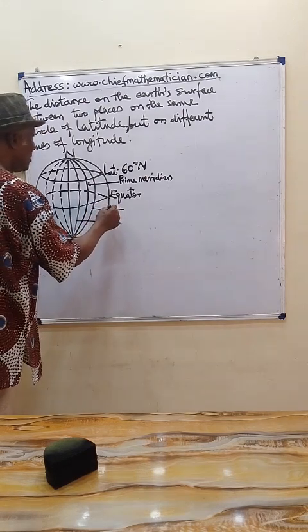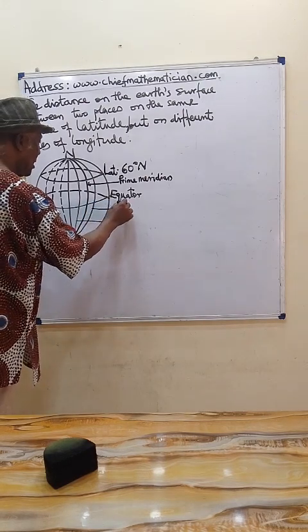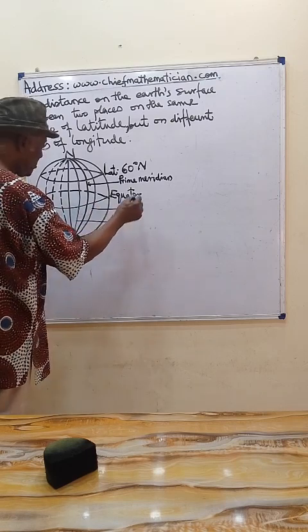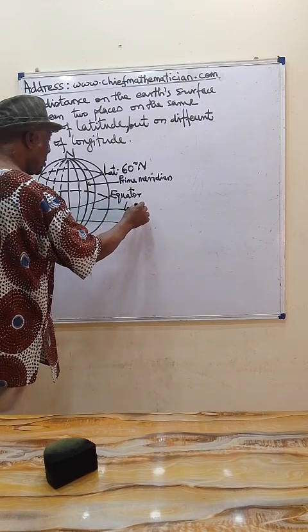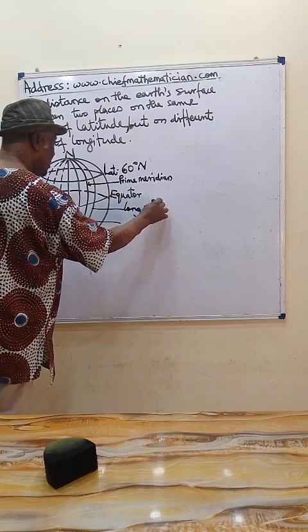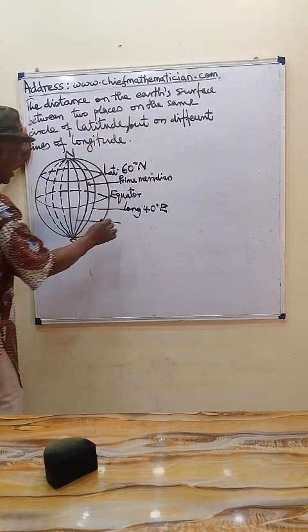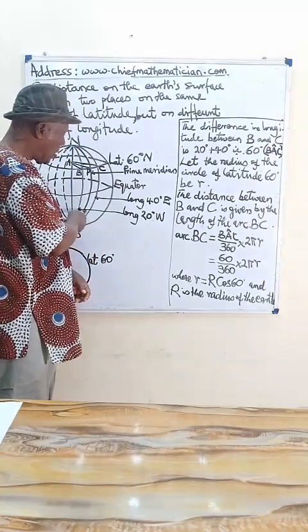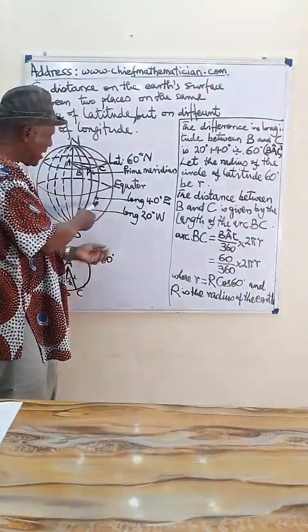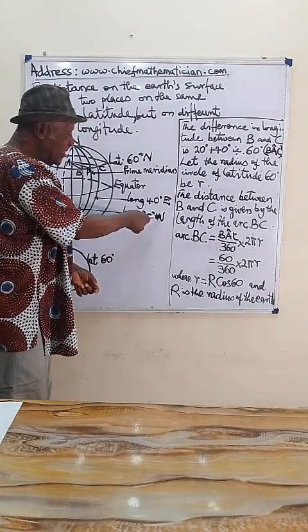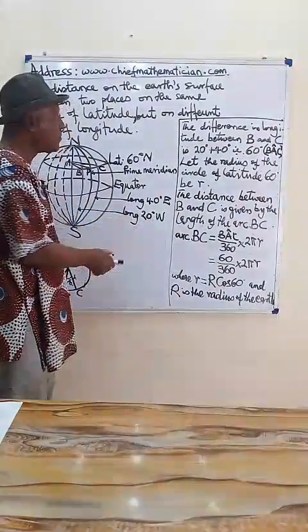So suppose we call this longitude 40 degrees east, and this one, which is west of the prime meridian, longitude 20 degrees west.